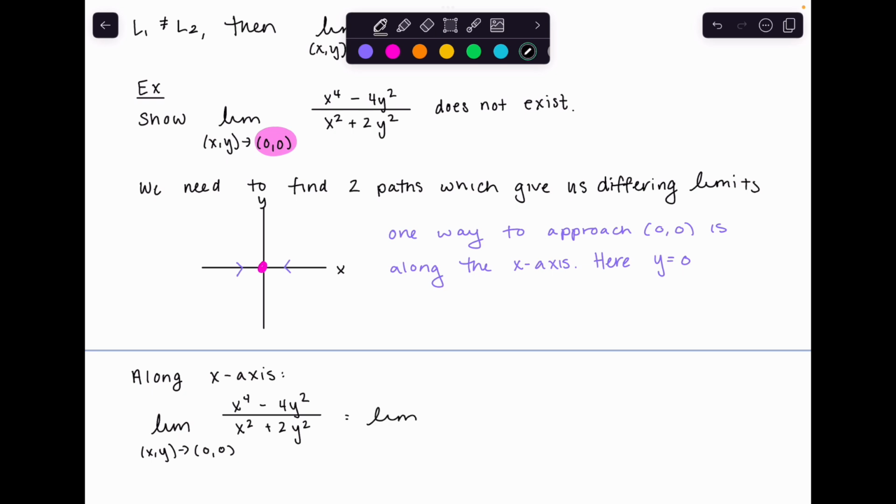And again, because I'm picking this particular path, you're substituting in y equals 0. So this is the same as just letting x approach 0. And then anywhere I see a y, it gets replaced by 0 because we are on the x-axis.